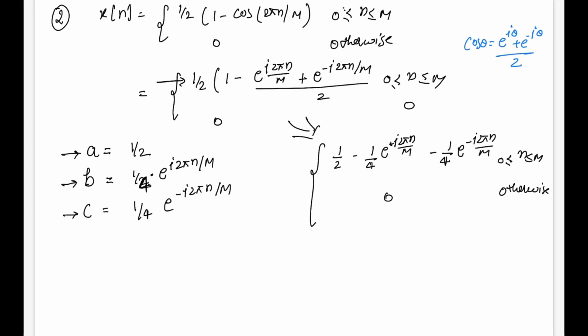Okay, so actually we should write it as a[n], b[n], c[n]. In this case, we have learned that if x[n] is equal to a[n] plus b[n], then X(e^jω) will be... I'll write x[n] is equal to a[n] minus b[n] minus c[n].